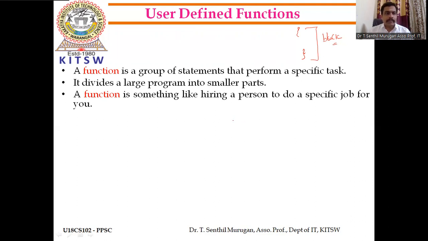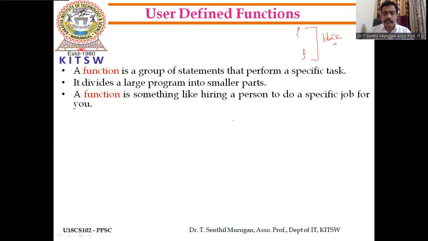For example, in manufacturing a car, the car parts are developed in different places, the car engine may be manufactured in some other place, and finally everything is combined to make a car.